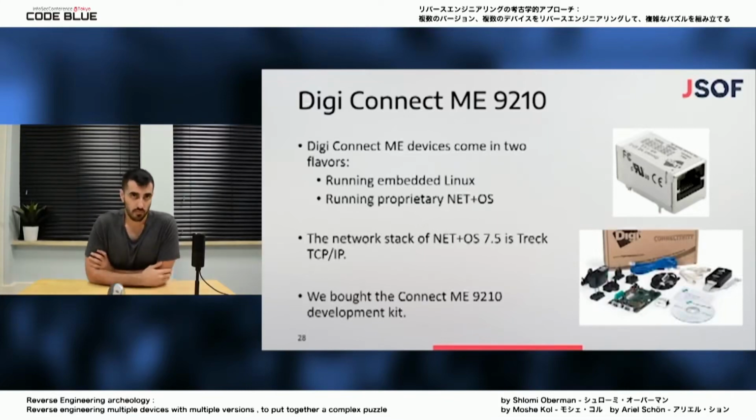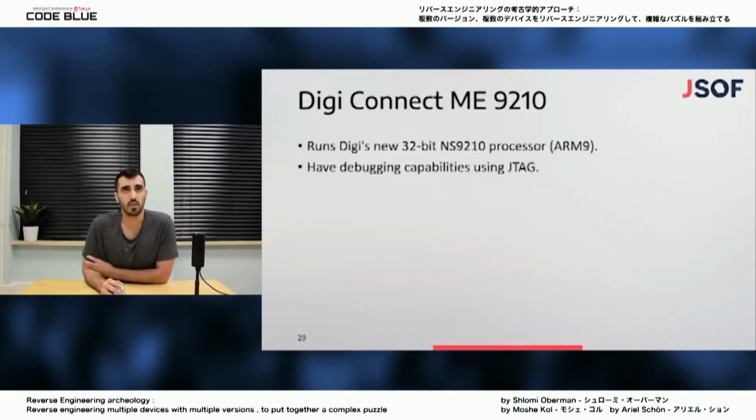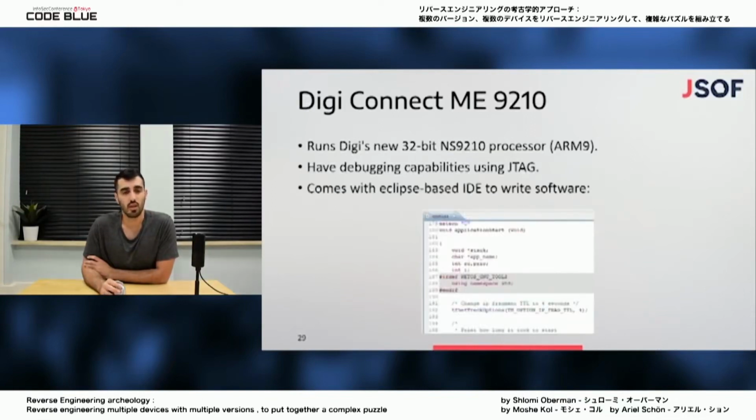So we bought the ConnectME development kit, and the use of the development kit helped us get started and get debug capabilities for this device. We found that this new Digi device runs on an ARM9 processor. We have debugging capabilities using the JTAG interface, and it comes with an Eclipse-based IDE, so we can write software onto this device.